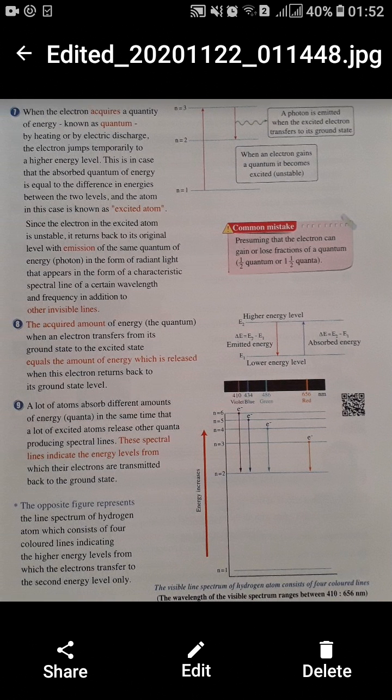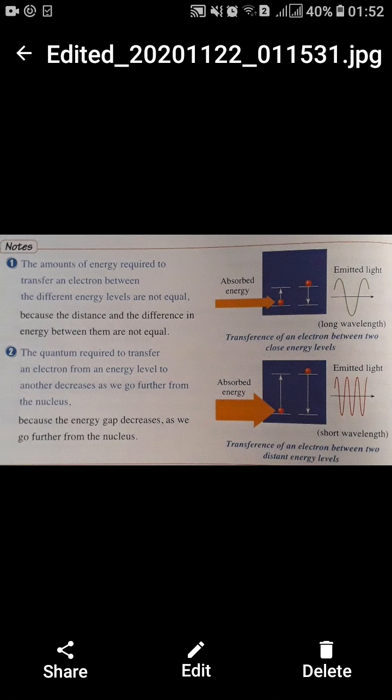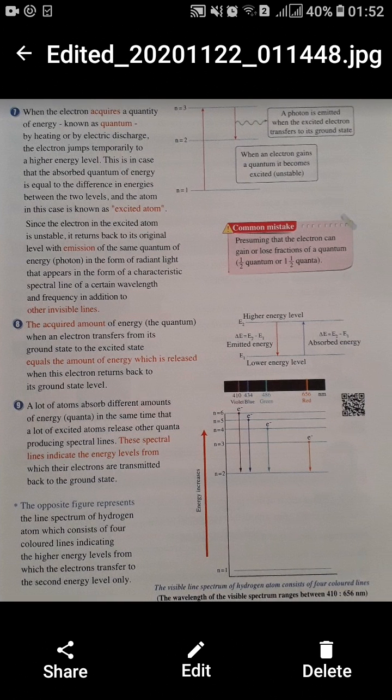Look, this figure represents the absorbed quantum of energy and the emitted light. And here we can see the line spectrum of the hydrogen atom, which consists of 4 colored lines separated by dark areas.